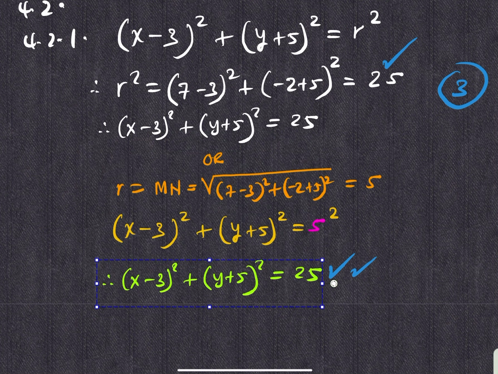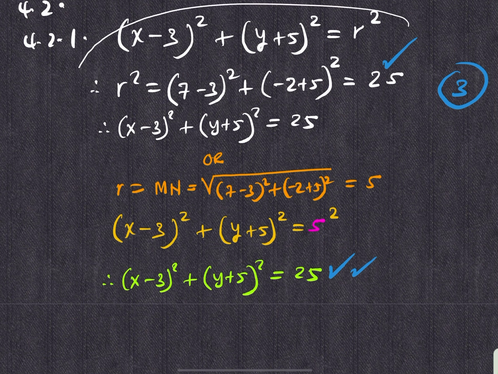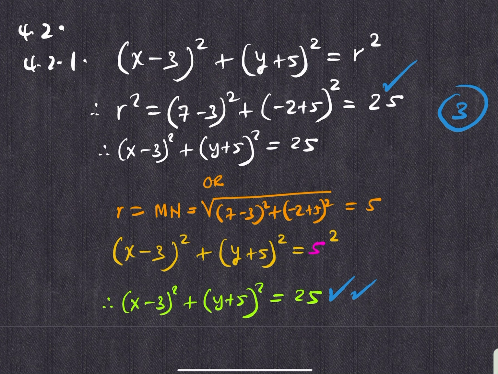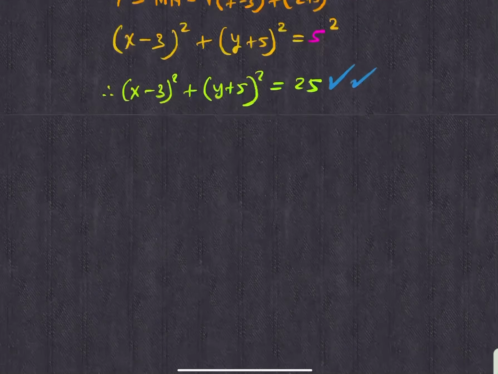But most students love the first method. I don't know why, but it makes sense to me as well. It's easy and straightforward. So there you go, you get that 3 marks for that. Should be really easy, guys.